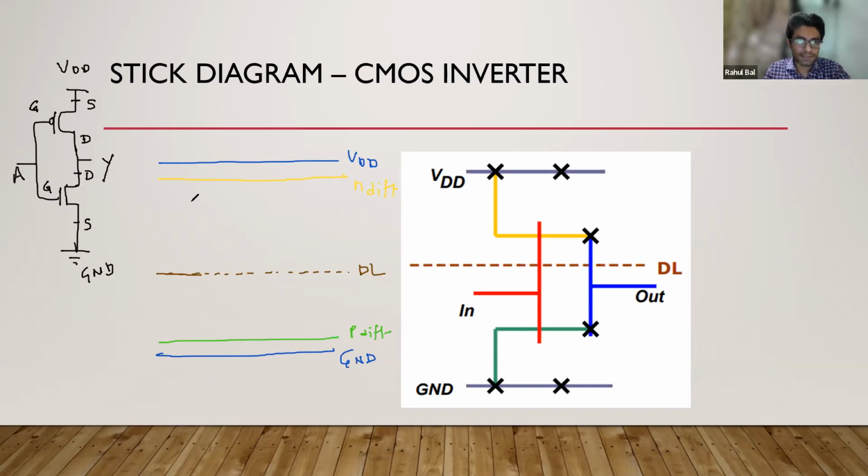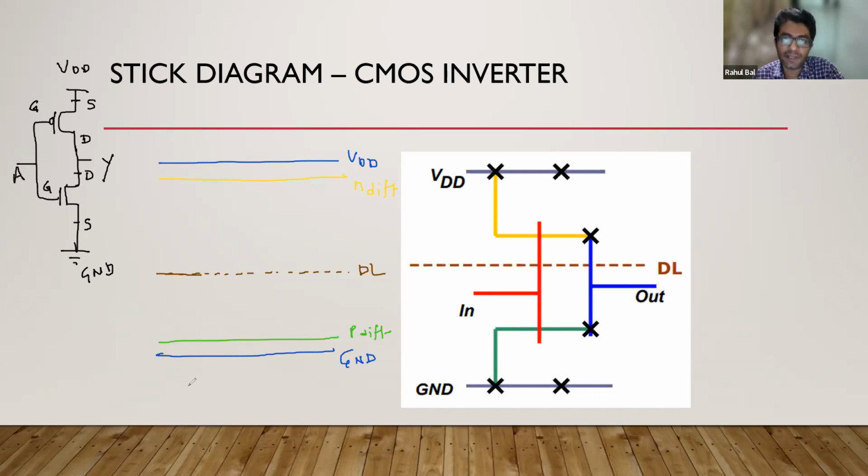After this, we will draw the polysilicon line. Now, how many polysilicon lines will you draw? There is a trick. See, how many input variables are there? Only one. So you have to draw only one line. If there are two inputs, A and B, then you have to draw two polysilicon lines.